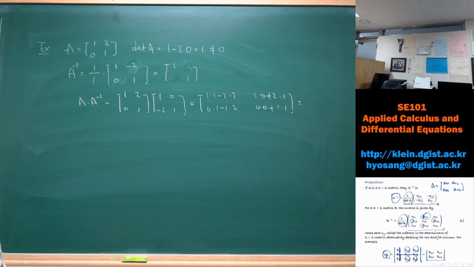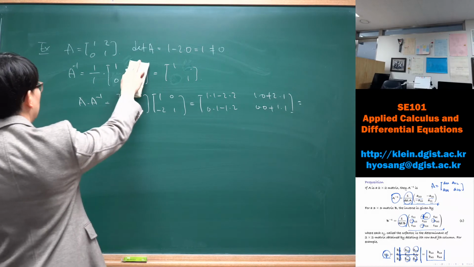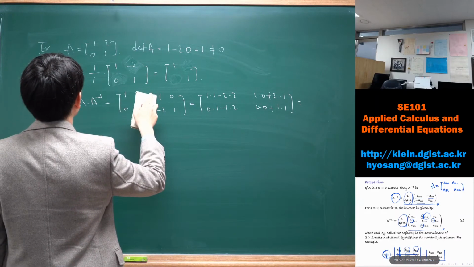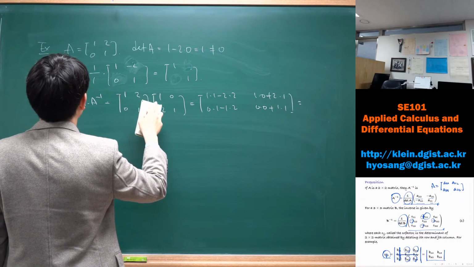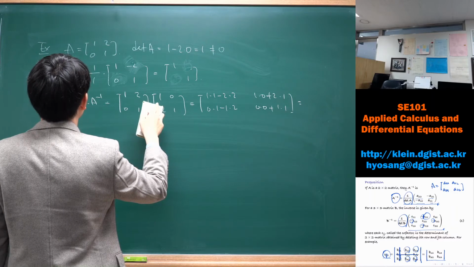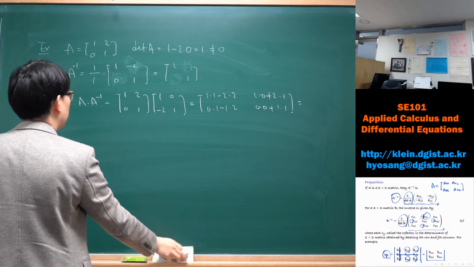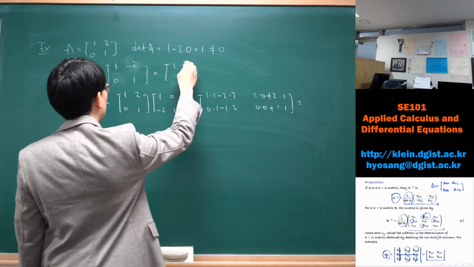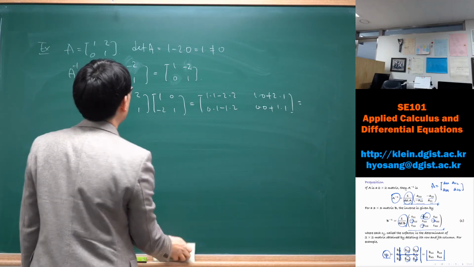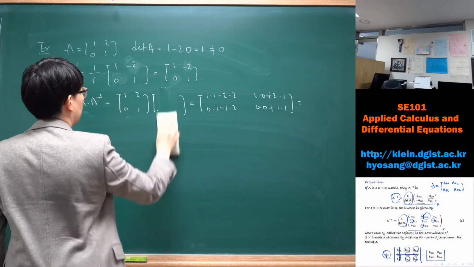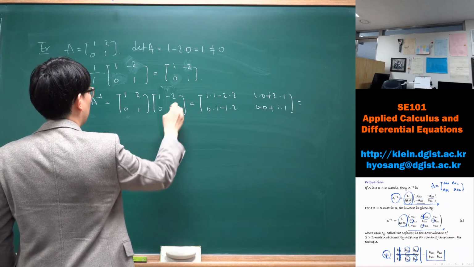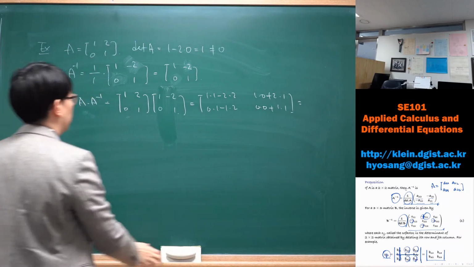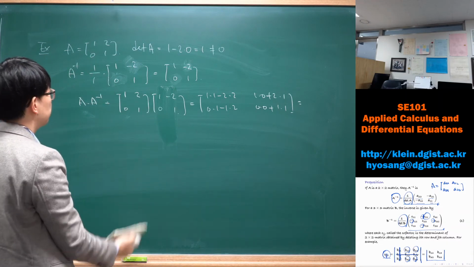If you take 1, 2, you have to invert this. No, you don't invert this, right? So it's minus 2, 0. So A times 1, minus 2, 0, 1, right? That's the right one here.